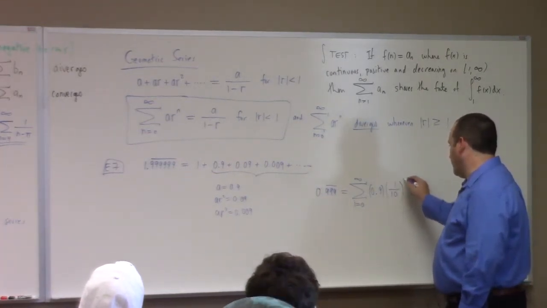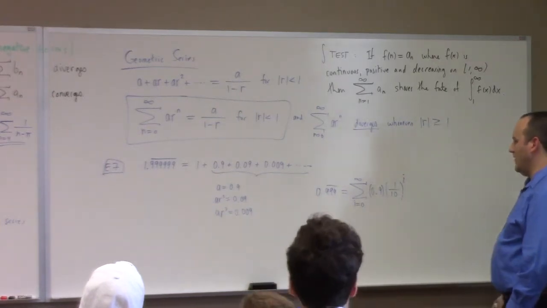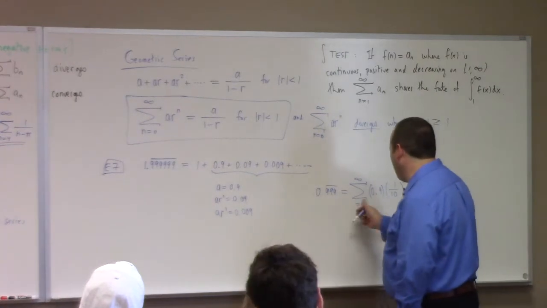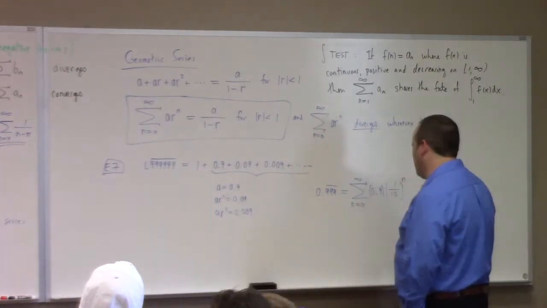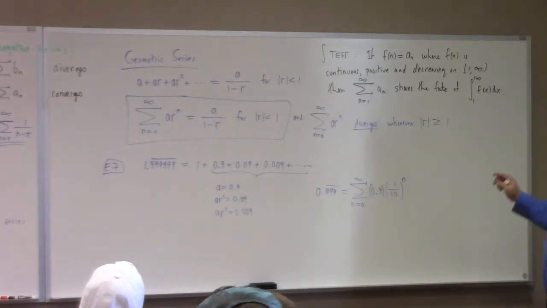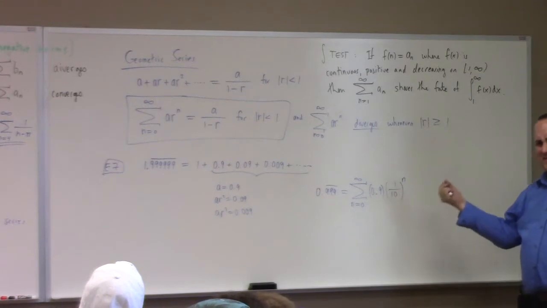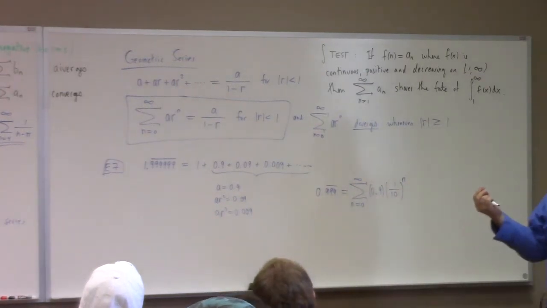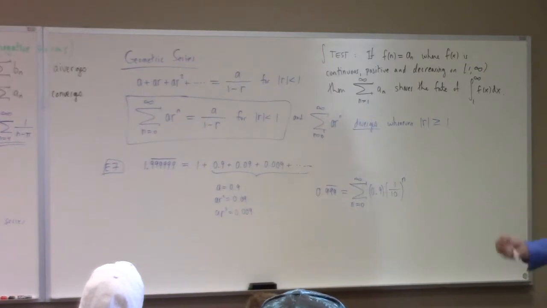Yeah, 1/10 to the n. Oh, I'm sorry. Why am I using i? I meant to use n there. I'm sorry, guys. What's wrong with me? My voice is giving out. So, excuse me. There you go. Now that's geometric. The ratio is 1/10. The initial term is 0.9.